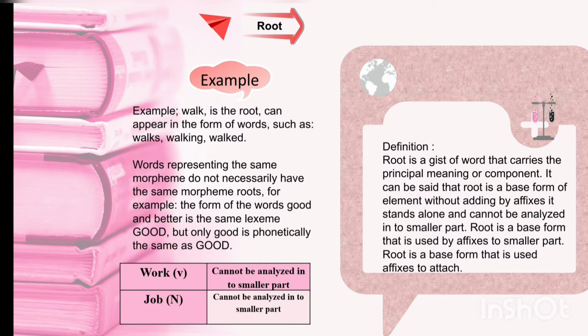Root is a base form to which an affix attaches. For example, walk is the root and can appear in the form of words such as walks, walking, and walked. And the second example you can see in the slide or this video.